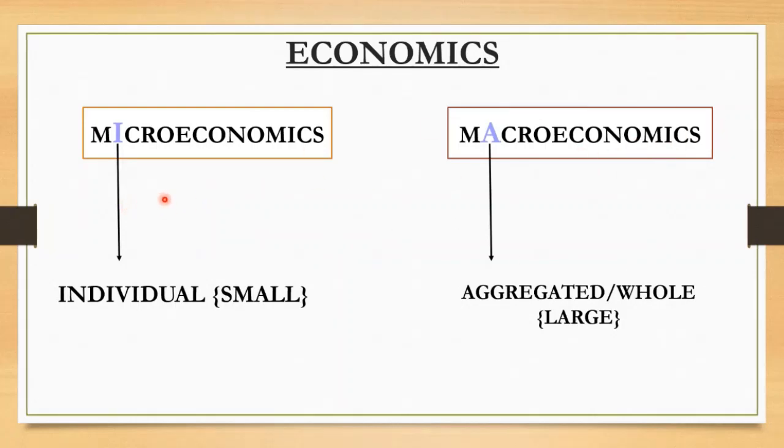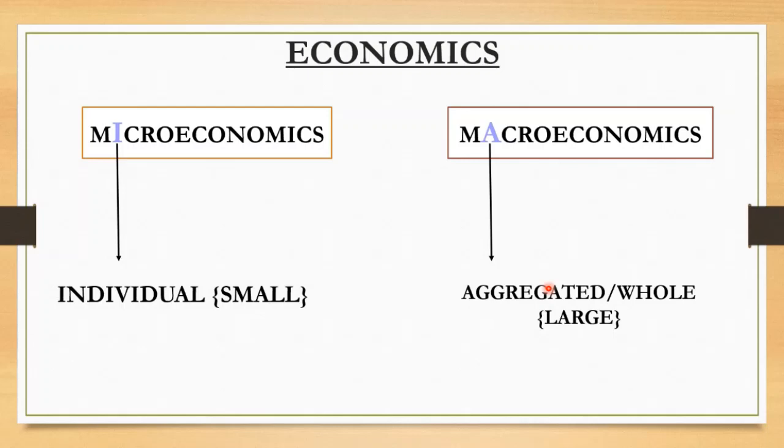Now, if you understand the meaning of I and A, you will understand the difference between microeconomics and macroeconomics very easily. If you see the letter I in microeconomics, you can relate this I to the individual or small level. And the letter A in macroeconomics, you can relate it to the aggregated or whole, or you can say on a large level. Now you all understood how resources are limited or scarce and how the consumer, producer and society maximize satisfaction.